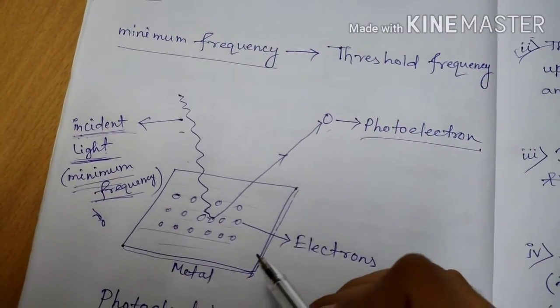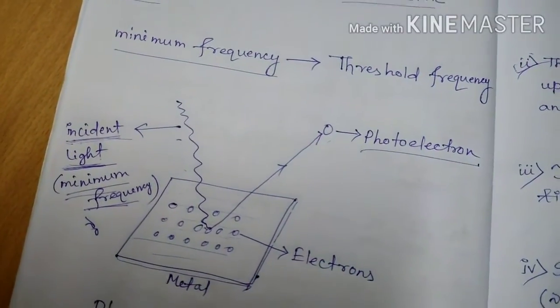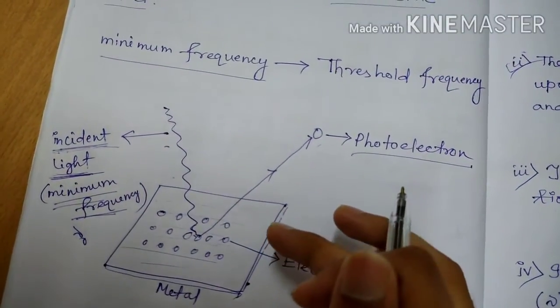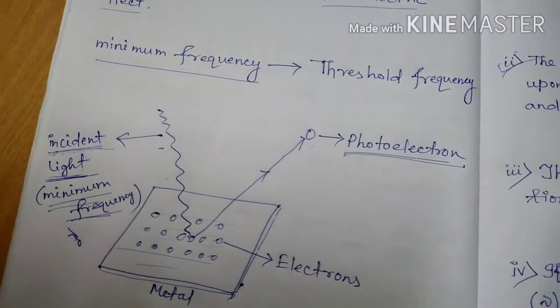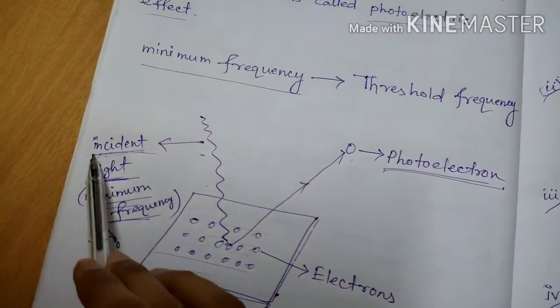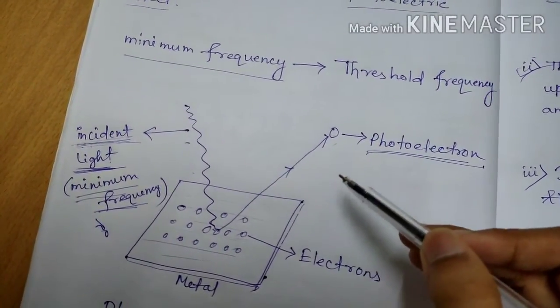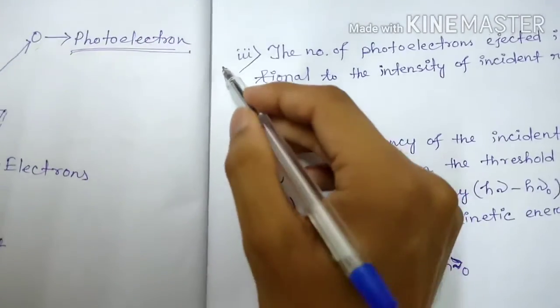Okay, because it is proportional to the intensity of incident light. So when the intensity of incident light is greater, then the number of photoelectrons ejected will be greater. Okay, so this is the number 3 point.